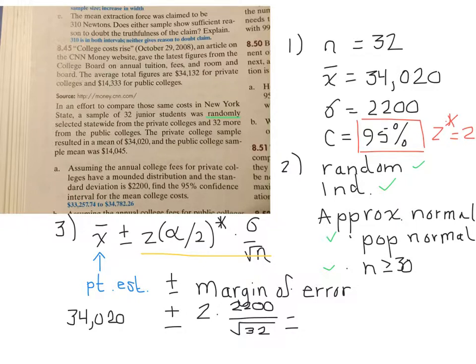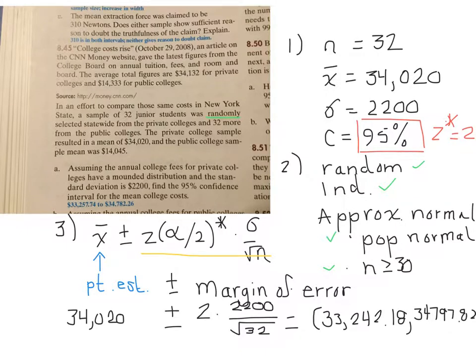And I get the lower limit of my confidence interval equal to $33,242.18. My upper boundary is found by taking 34,020 plus that margin of error, and that would give me a value of $34,797.82.